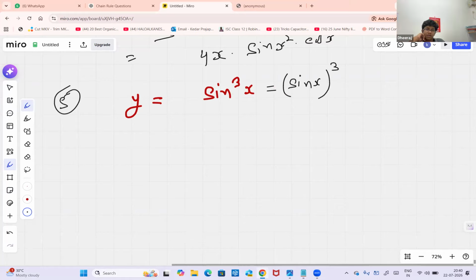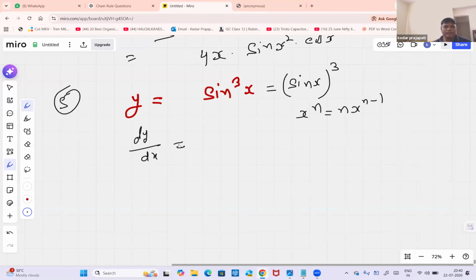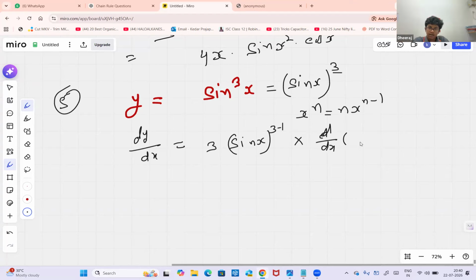So dy by dx is equal to, which formula will we apply? X to the power n, equal to n into x to the power n minus 1. Now just apply here. n is 3. So 3, sine x the whole square, 3 minus 1, then d by dx of sine x.